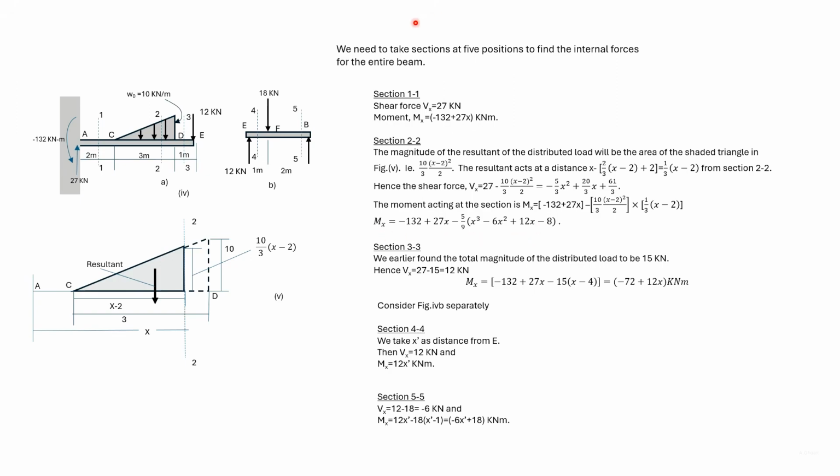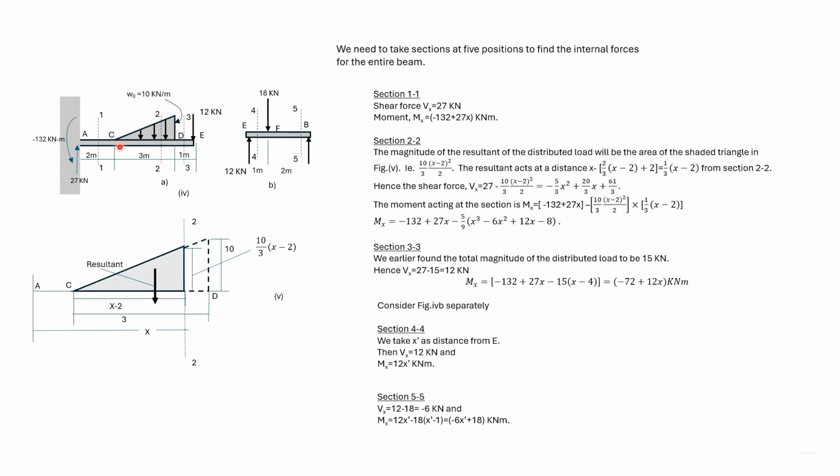We now find the shear force and bending moment at section 3-3. The total load of this triangular portion is 10 into 3 by 2, that is 15. So the shear force at section 3-3 is 27 minus 15, that is 12.